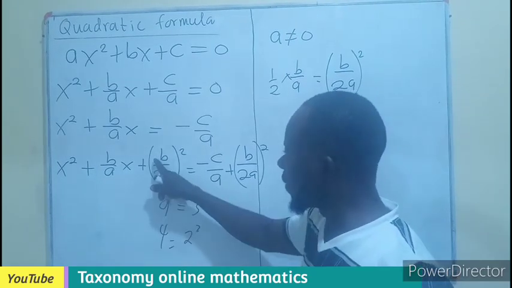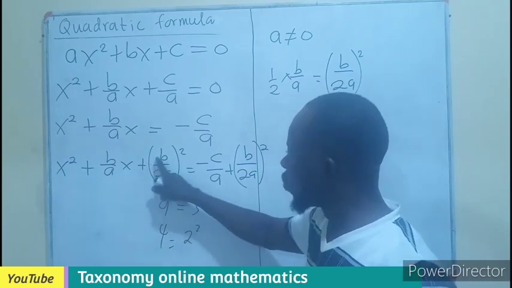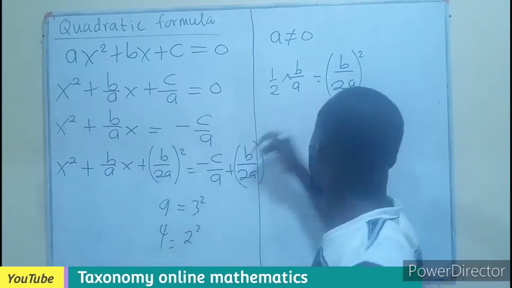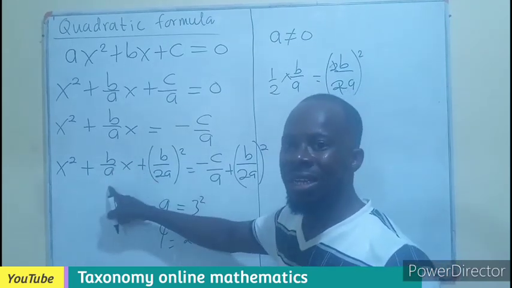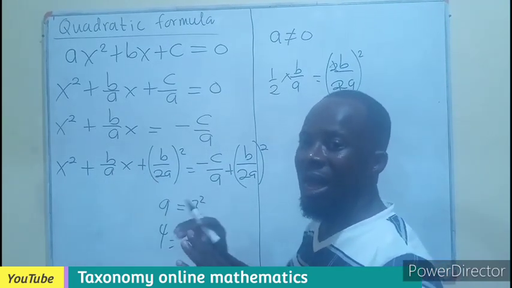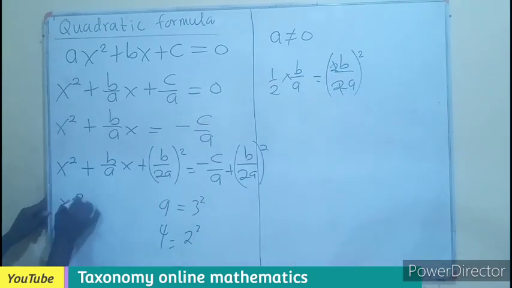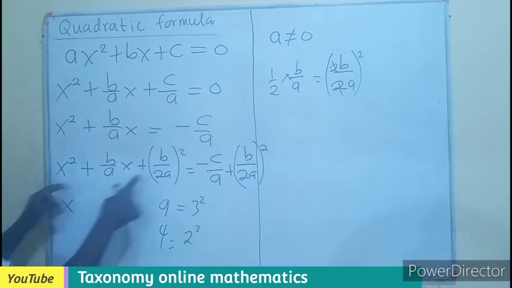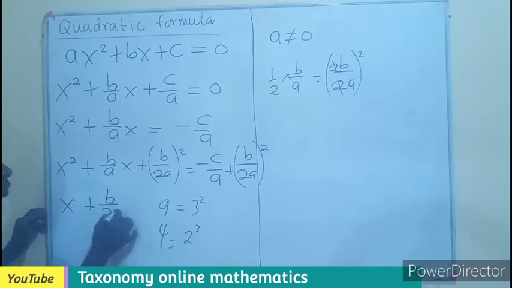You can see that if I multiply this by 2, I still get this, because the 2 is going to multiply only the numerator. Then they will cancel. I'll be left with b over a. So the moment that becomes true, it means that we are picking the first term, which is x, and the term under it, which is b over 2a.